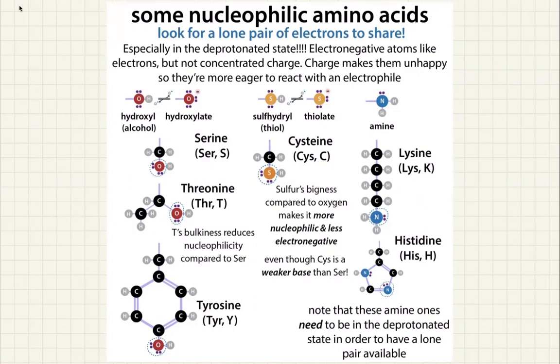But basically, if they are deprotonated and have that negative charge, they're going to be more nucleophilic, because they really want a positive charge to balance it out. You see hydroxyl groups in serine, threonine, and tyrosine. When you have a thiol group, you're going to see that in cysteine.